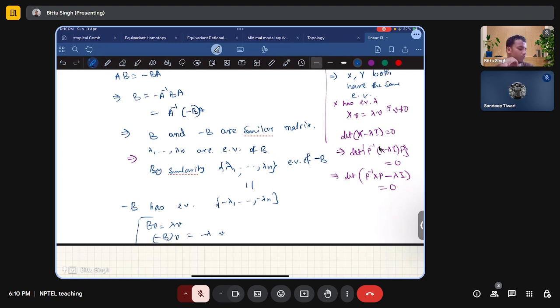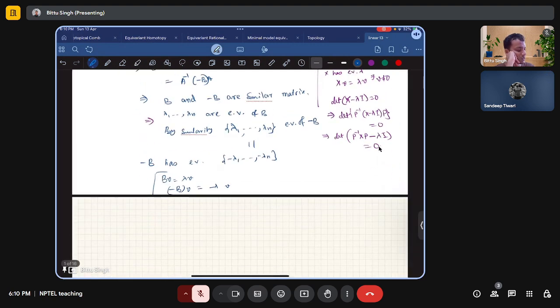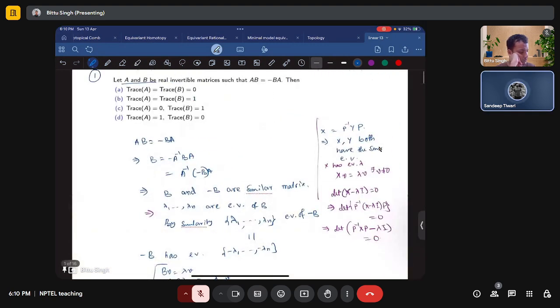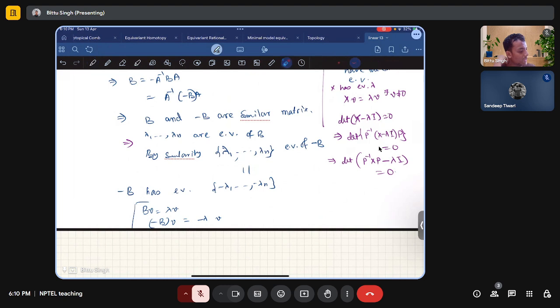From here we want to say that lambda 1 is 0, lambda 2 is 0, and lambda n are all 0, because the eigenvalue corresponds to the same eigenvector. Lambda 1 and minus lambda 1 both correspond to the same eigenvector.